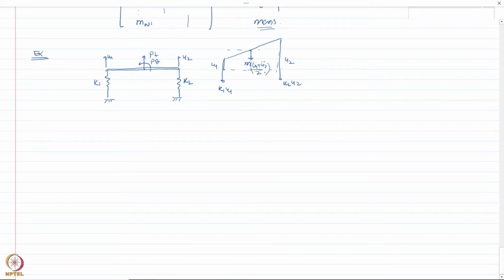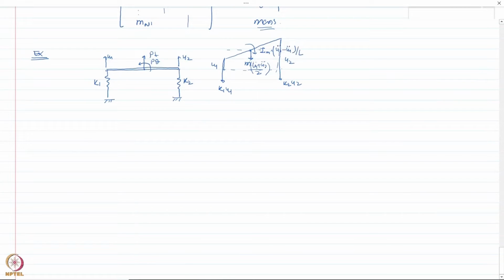Now it is rotating anti-clockwise, so a clockwise pseudo moment would be applied to it, and that would be the moment of inertia about its center of mass, let us call this ICM, times the rotational acceleration, which I can write as u2 minus u1 divided by L. Okay, basically this is the angle here.